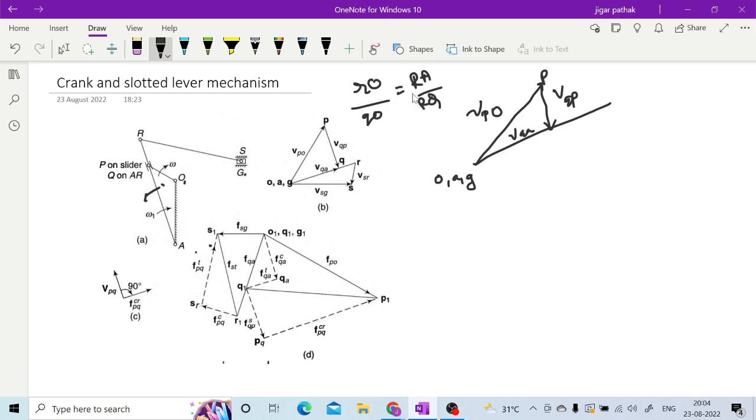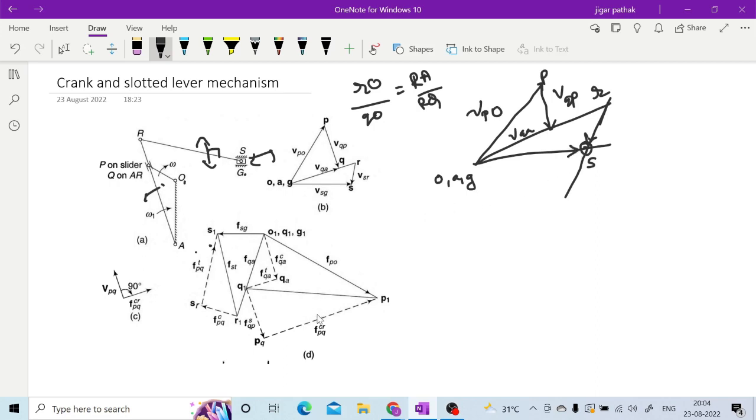All these things will be given, so that is going to help you in locating this point R. Once you locate the point R, the velocity of R with respect to S will be in the perpendicular direction to this link SR, so you can draw a perpendicular from this point R. And the velocity of S with respect to G will be in the horizontal direction, so you can put a horizontal line, and it will intersect at this point. This is how you locate your point S, and this is how you get your velocity diagram.